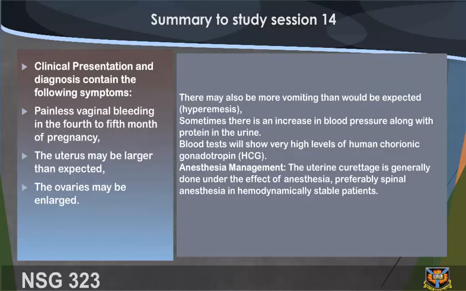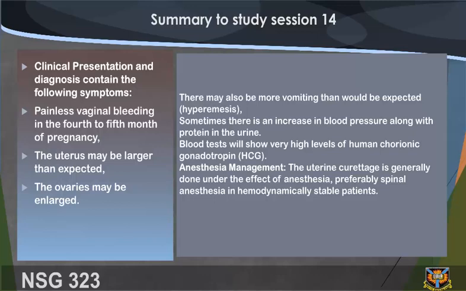Clinical presentation and diagnosis contain the following symptoms: painless vaginal bleeding in the 4th to 5th month of pregnancy. The uterus may be larger than expected. The ovaries may be enlarged. There may also be more vomiting than would be expected, hyperemesis. Sometimes there is an increase in blood pressure along with protein in the urine.